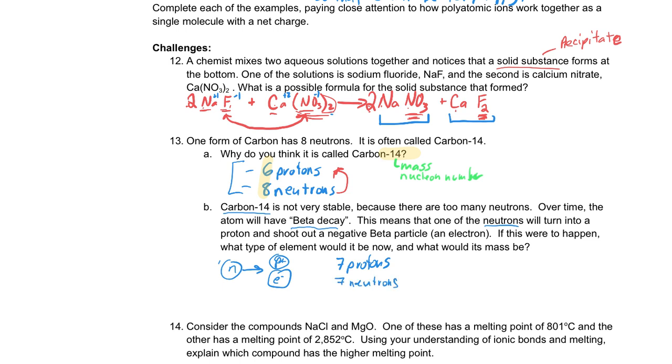Now, if I look up 7 protons in my table of elements, I see that 7 is nitrogen. And so this would be nitrogen-14 because it has 14 total nucleons, 14 protons and neutrons total. All right, there you go. So yeah, that's definitely something new, but we can go ahead and recognize that we're changing protons and neutrons, and we can look that new element up in our table of elements.